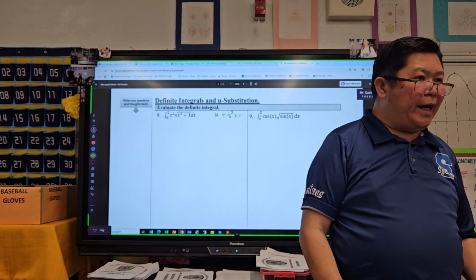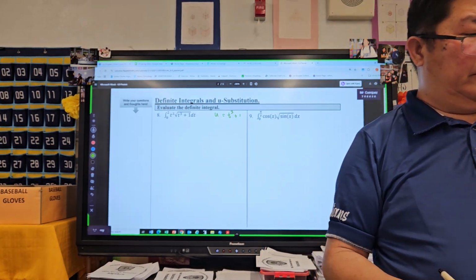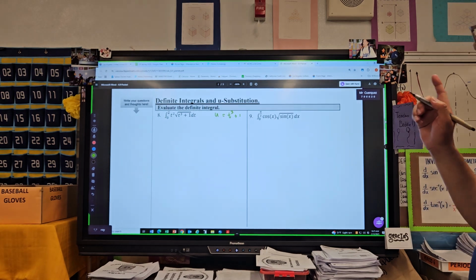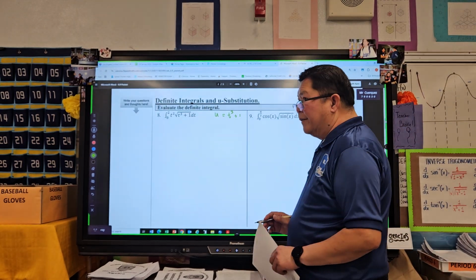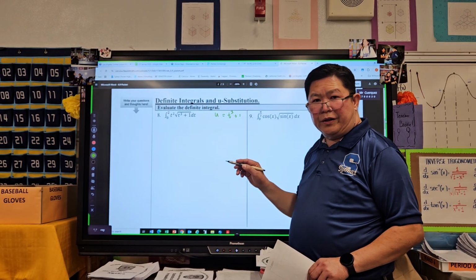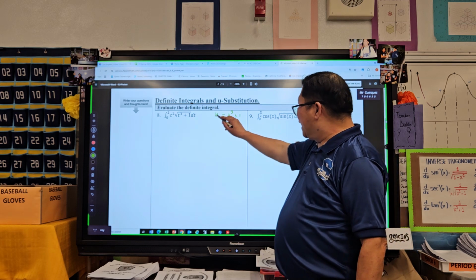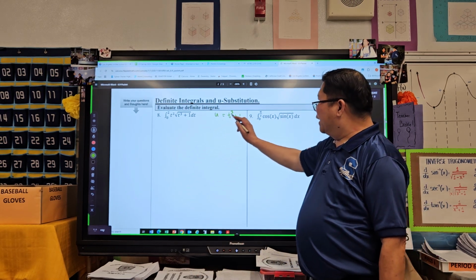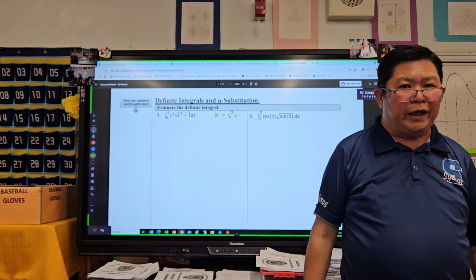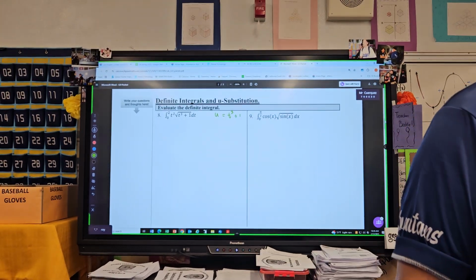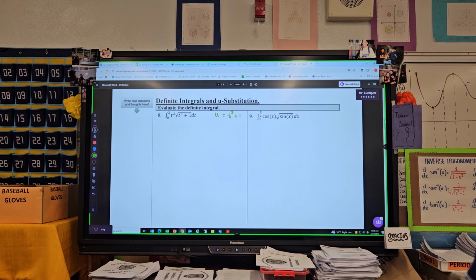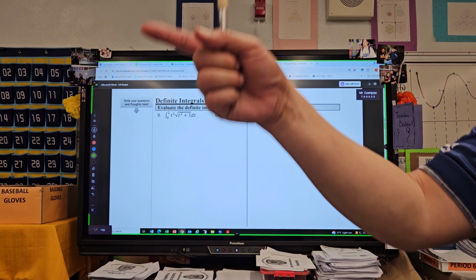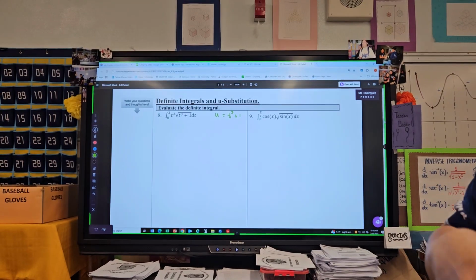And we take the limit. If the limit is 0, if we plug in 0 right here, again, what is u? If we plug in 0, it's gonna be 1. That means the lower limit is 1.